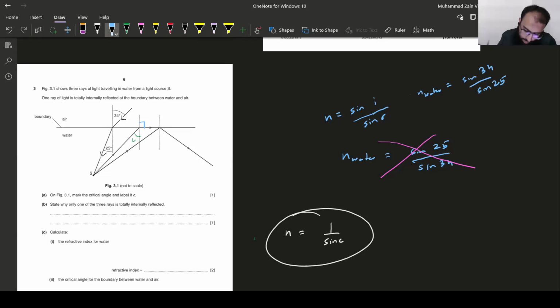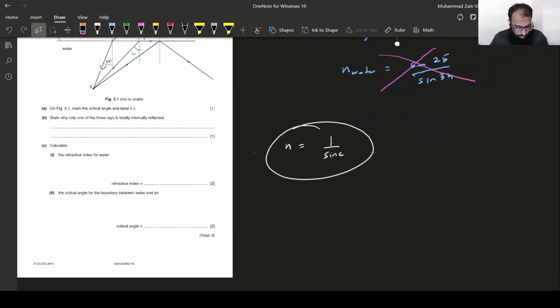When I do this, that's when I get the correct answer. The reason is that the angle of refraction should be in the medium whose refractive index we need to find. We need to find the refractive index of water, so the angle of refraction should be in water. That's how we do this.